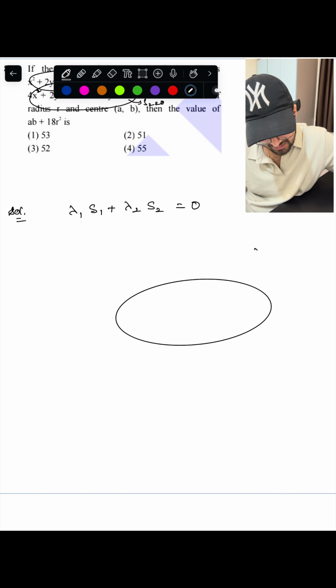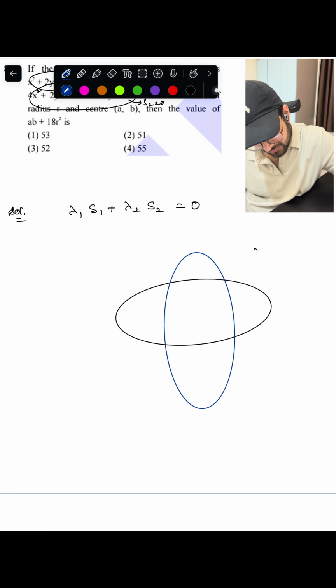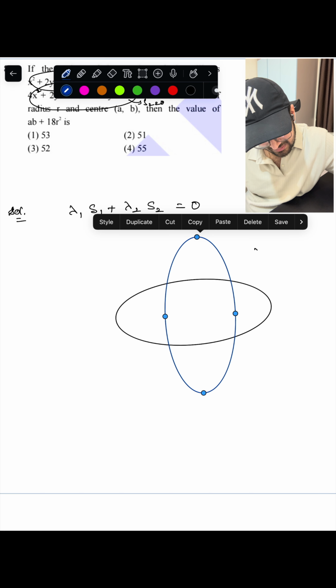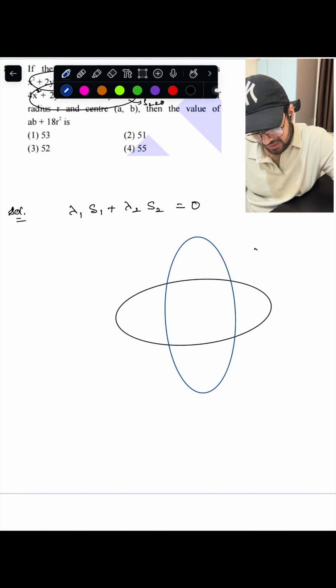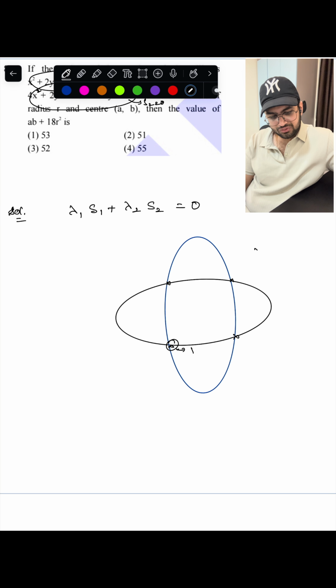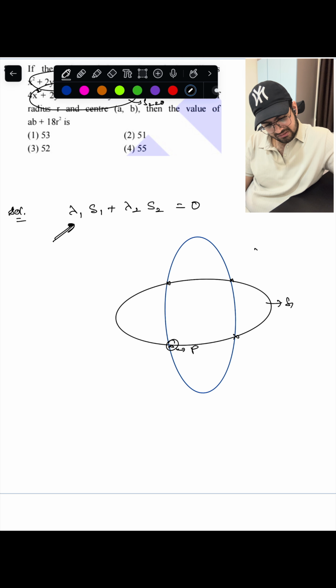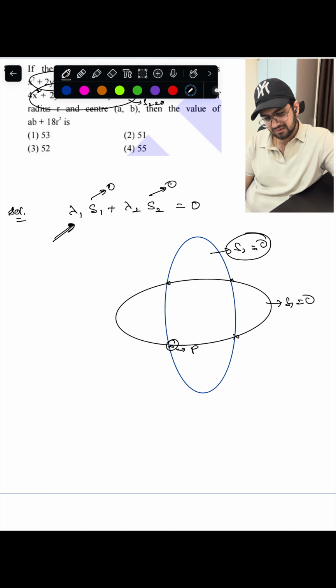So suppose there is an ellipse here, let us say there is another ellipse here, right? Now if these two are intersecting at some 4 points, let us say, now if I substitute this point, let us say P here in this equation, now as it lies on S1 equals to 0 and it also lies on S2 equals to 0, it will be 0 as well as it will be 0.